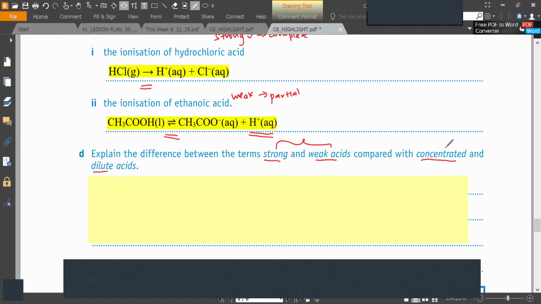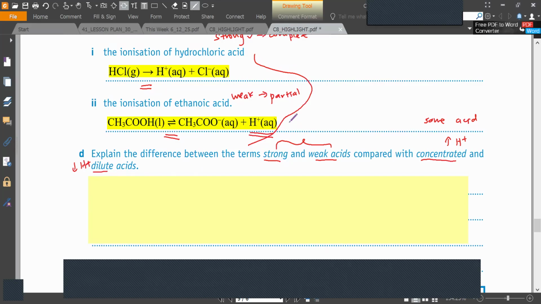Let's say we have the same acid, so we are comparing the same acid. Concentrated will have high hydrogen ion concentration, dilute will have low hydrogen ion concentration. That is the main point.